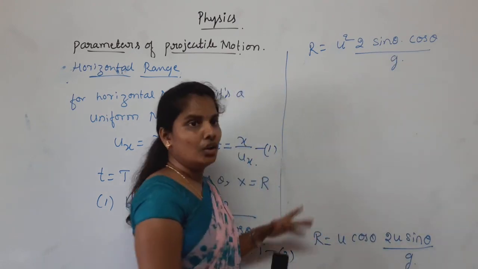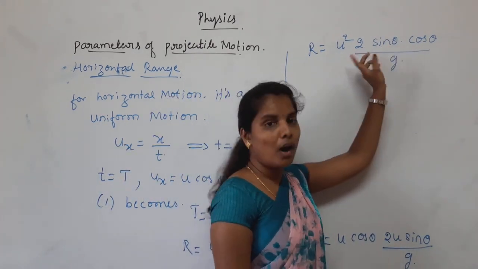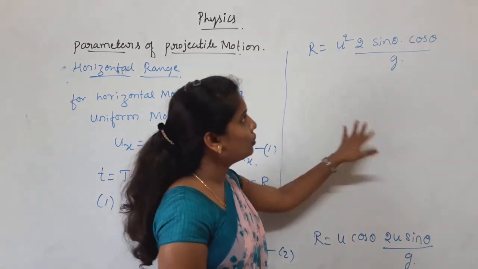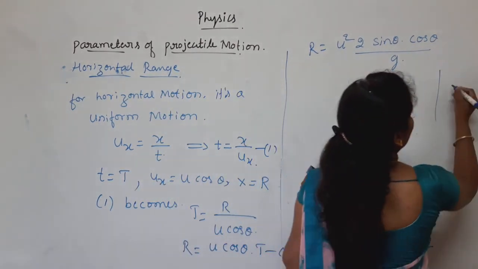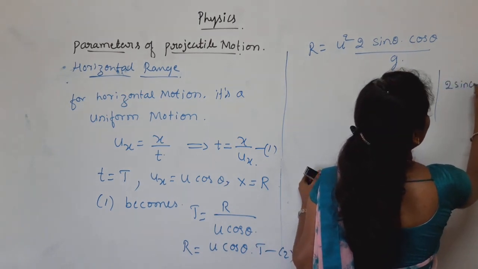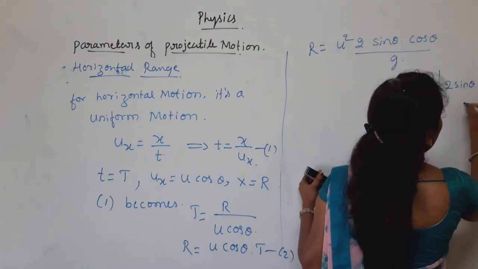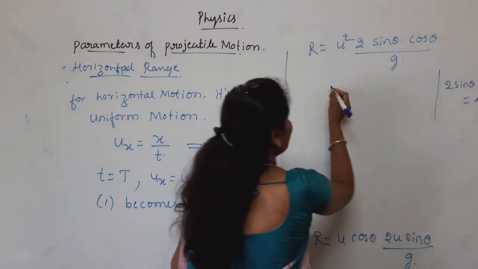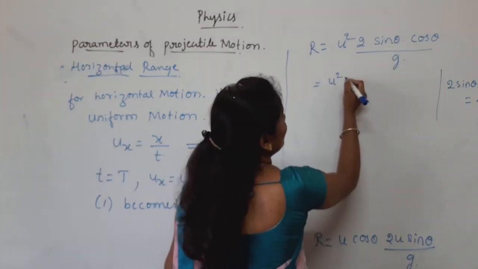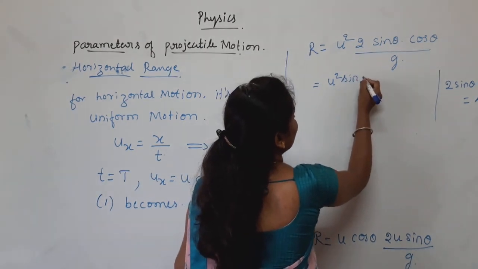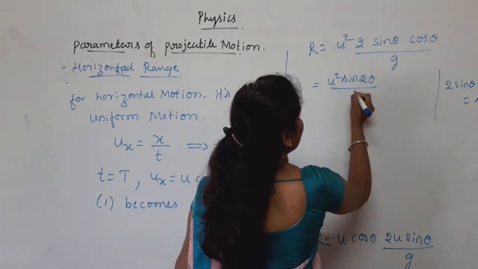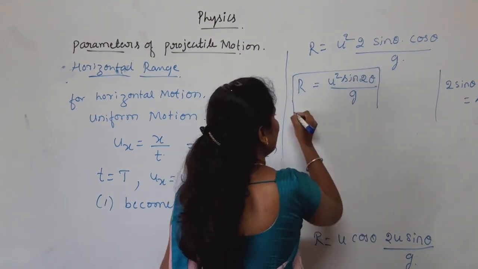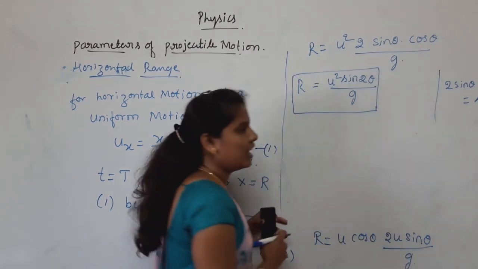We have the formula that 2 sin theta cos theta can be written as sin 2 theta. So substituting, R equals U square sin 2 theta divided by g. This is the equation for horizontal range.